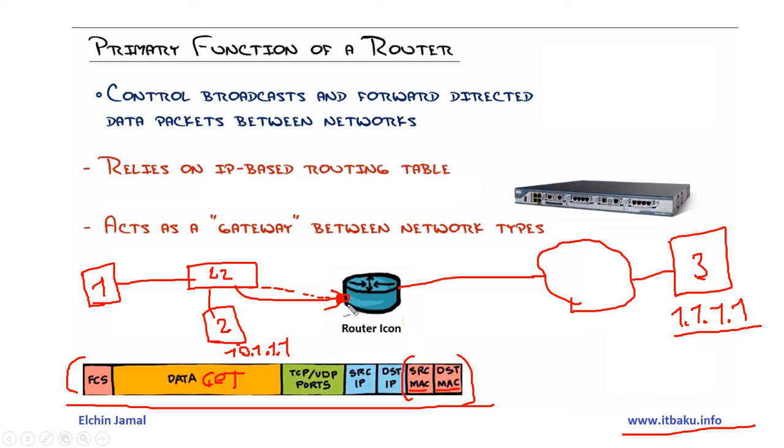Okay, in this case, the router receives this packet, opens it, and sees, okay, the source MAC address is the computer's MAC address. It's good. The destination MAC address is my MAC address. Oh, probably the computer wants something from me. But the router, in comparison with the layer 2 switch, works at layer 3. It uses IP addresses. Routers know what IP addresses are.